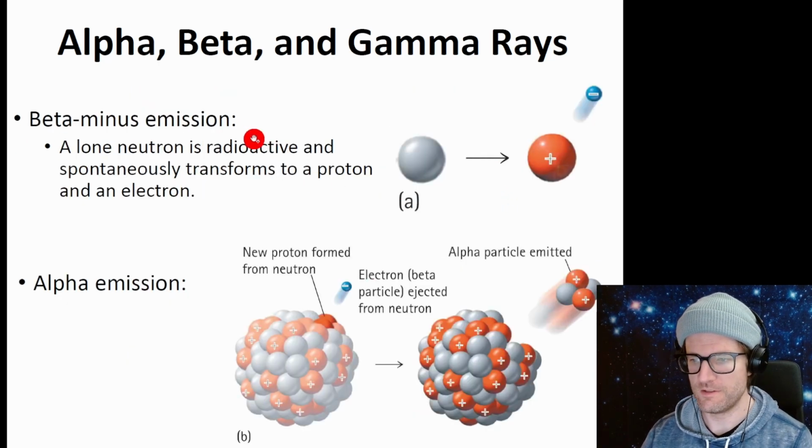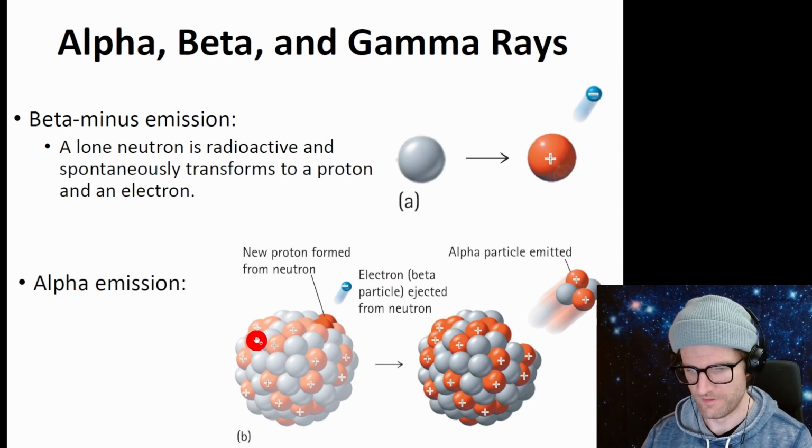Okay, beta minus emission. These are the types of decays. So a lone neutron is radioactive and spontaneously transforms to a proton and an electron. So here's a neutron, and spontaneously it will transform to a proton and an electron. And this can happen within the nucleus.